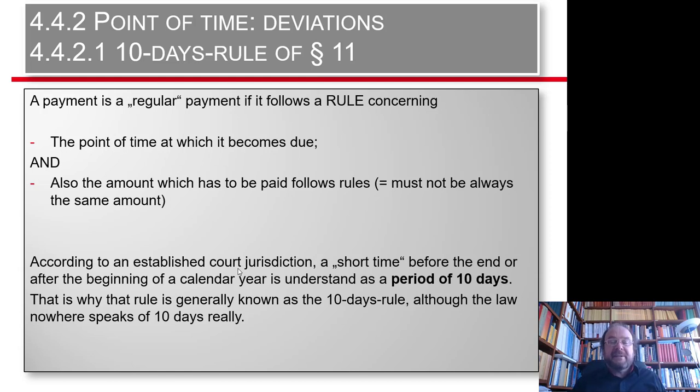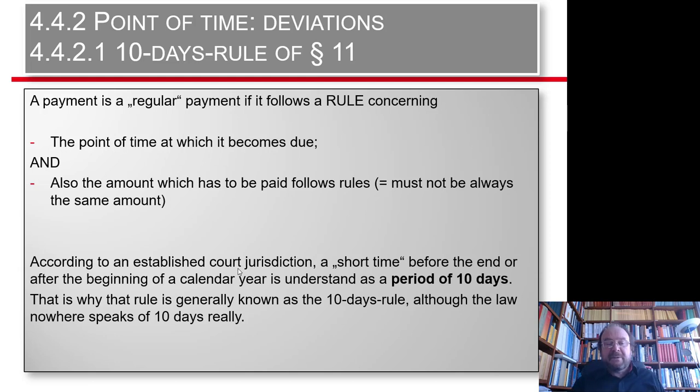Then you can see that there is an economic relation. You pay for a certain period of time. That makes clear to which point of time or to which period of time that payment will regularly belong.